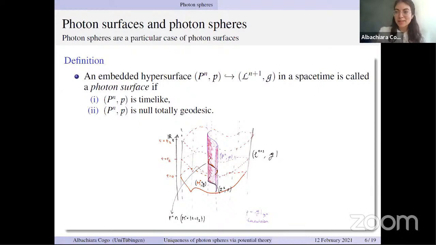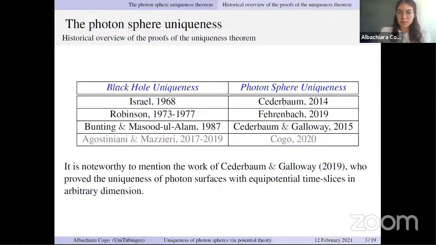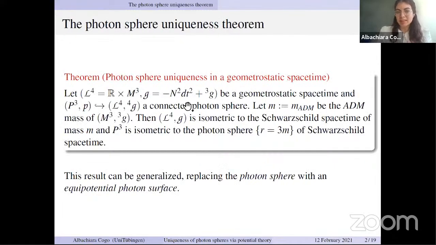Without one connected component, because the optimal statement is removing this connectedness. And in fact, Sederbaum and Galloway did it, but they had to use the positive mass theorem. I didn't use it. So if you remove it, you get a clean statement.